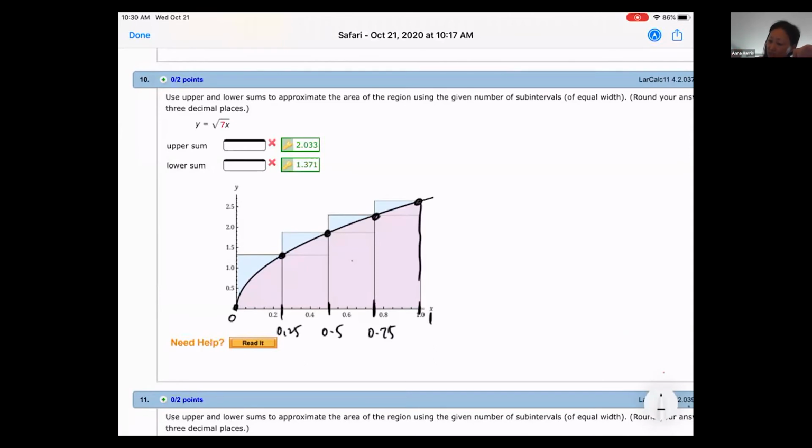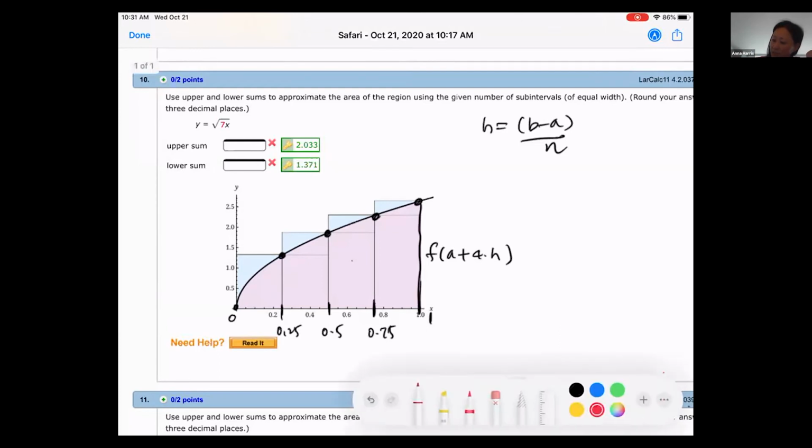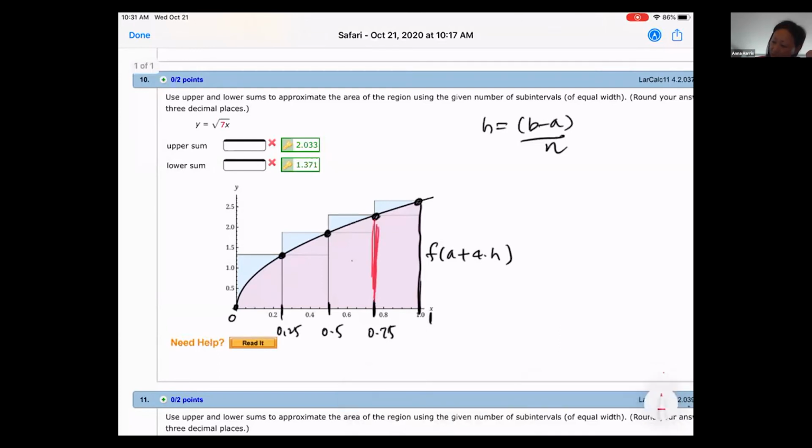So this height right here is f of a plus 4 times h. Remember, h is equal to b minus a over n. And the height over here is f of a plus 3 times h.